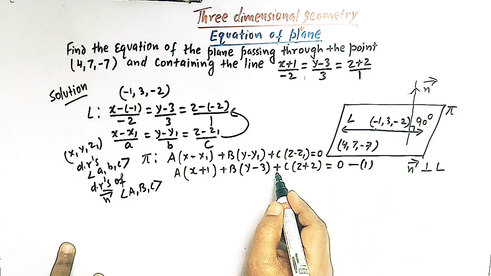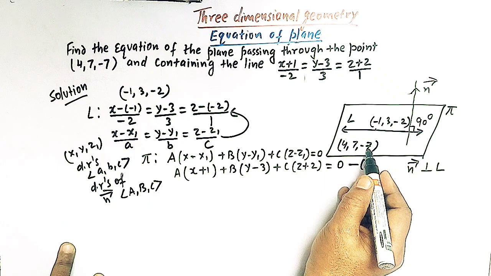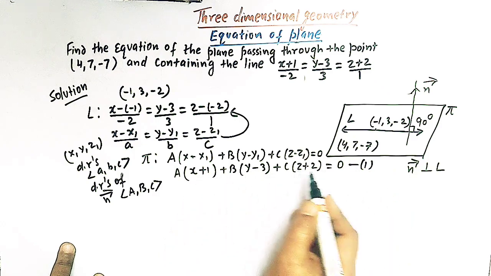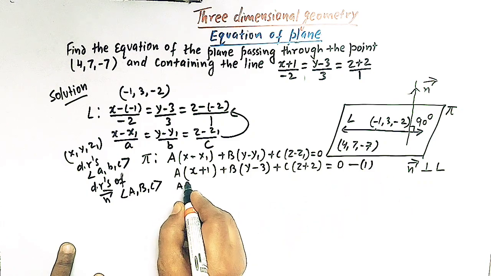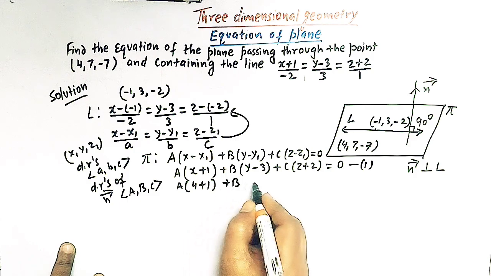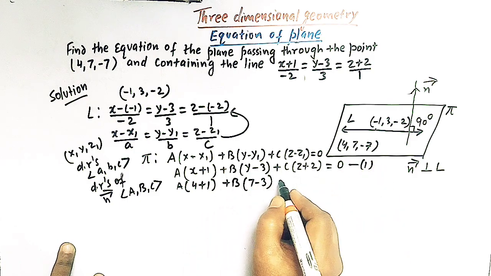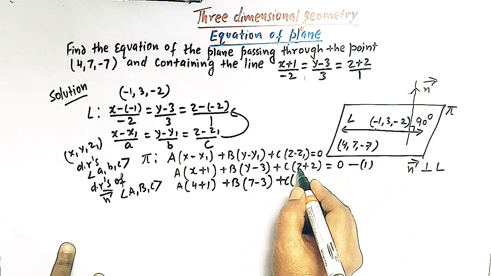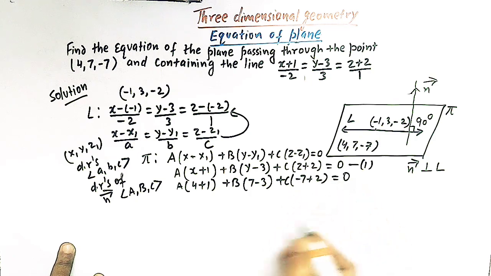Now this plane also passes through this point 4 comma 7 comma -7. So let us substitute here for x, y, and z as 4, 7, and -7. So we have a times (4 + 1), then b times (7 - 3), and c times (-7 + 2) is equal to 0.